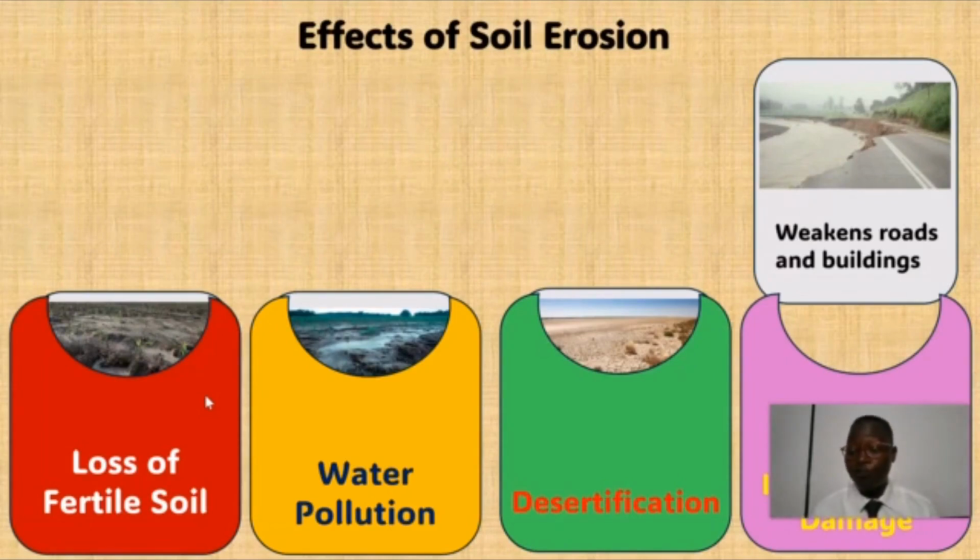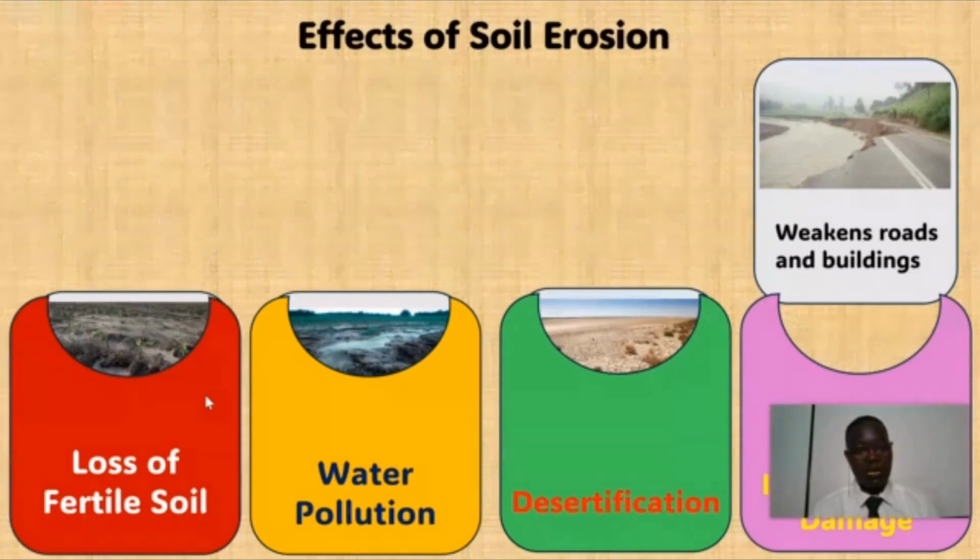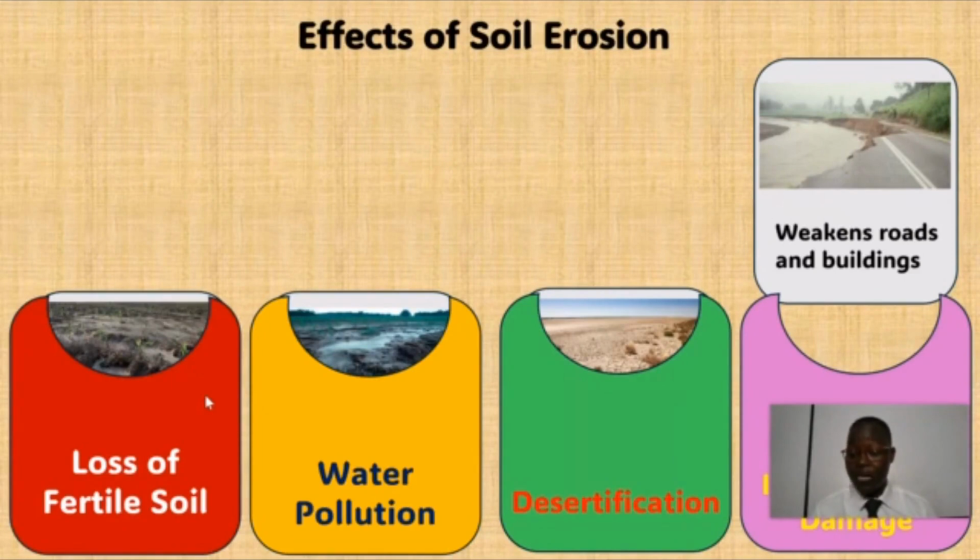We are talking about farm structures like the buildings, the fences, the piggery, etc. And so normally erosion weakens the roads and even buildings, therefore destroying them. Note that these effects not only impact the farmer, but the whole community or the whole area where you come from.